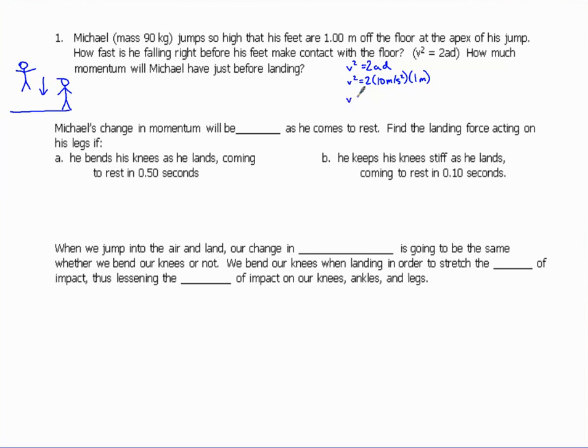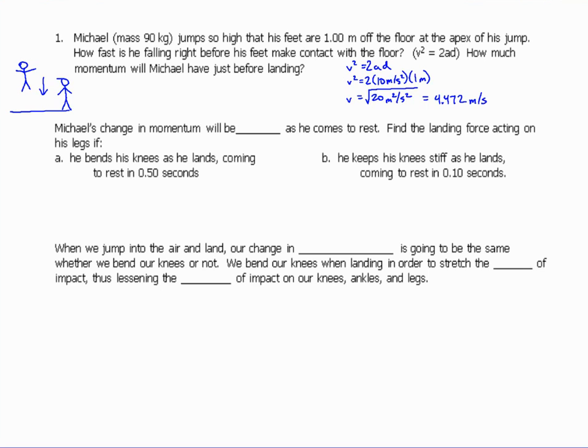And so the velocity is the square root of 20 meters squared per second squared, which is 4.472 meters per second. This is how fast he is moving right before his feet make contact with the floor.